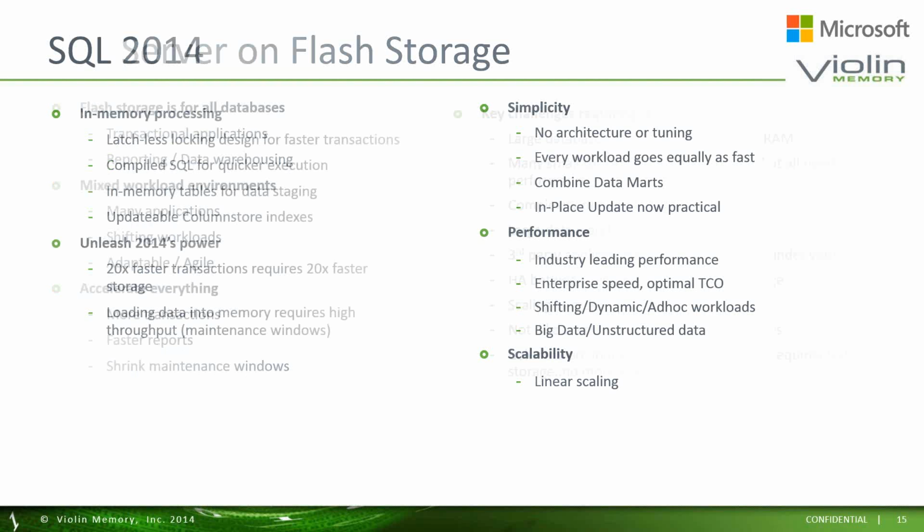The reason is, with the latch-free or optimistic latch design and the row versioning, if you have a commit on a row, any transactions behind that are going to fail until that commit has been released. And so you need to process that commit as fast as possible. Microsoft is actually recommending that you write a wrapper around your current processing or stored procedures to catch failed transactions and reapply them if you're not running on flash.